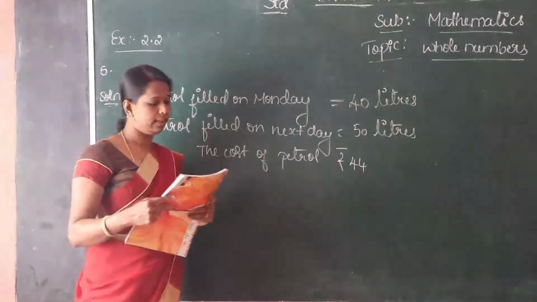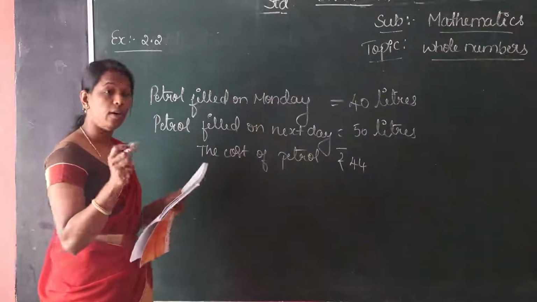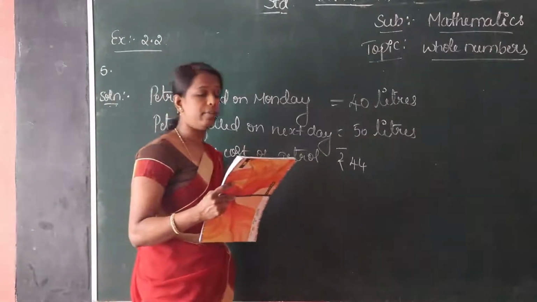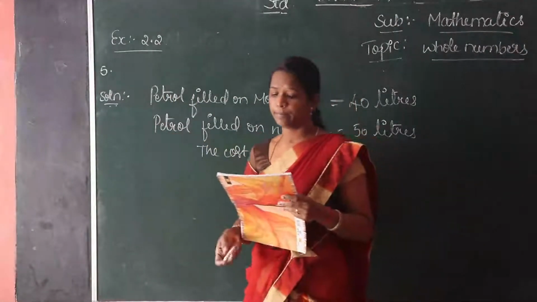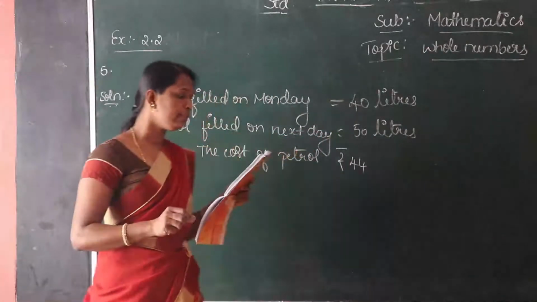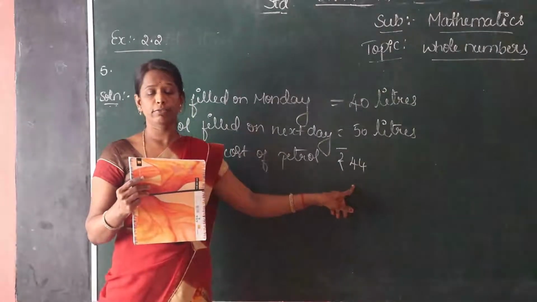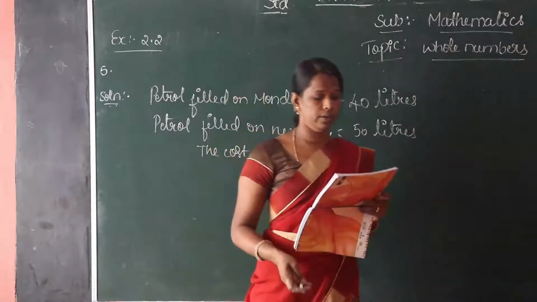Here we have to calculate how much is spent in all on petrol. A taxi driver filled his car petrol tank with 40 liters of petrol on Monday. The next day he filled the tank with 50 liters of petrol. If the petrol cost rupees 44, how much did he spend in all on petrol?